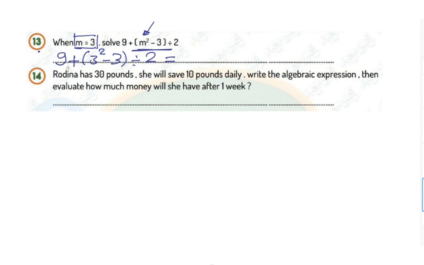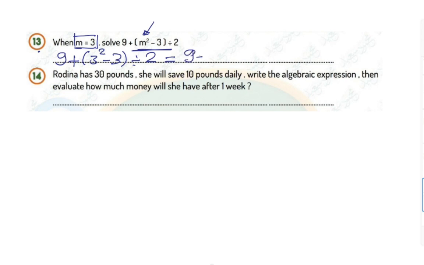Now I have multiple operations. We have add, power, minus, divide. Start with what? Look at these parentheses, and inside these parentheses we have some powers, or exponents. So I will start with the parentheses, and inside them I will start with the exponent.